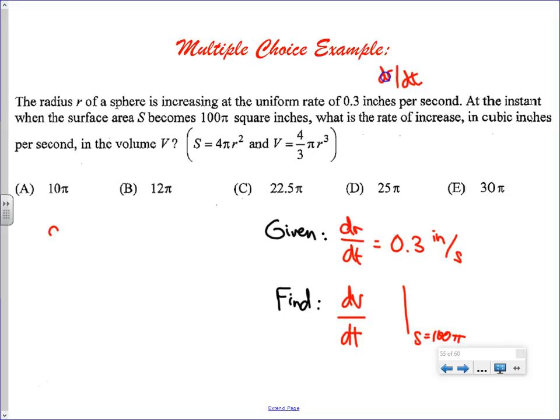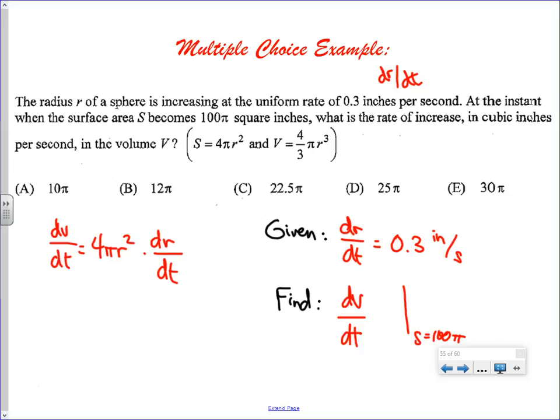Can't we still say that dV/dt is equal to, bring down the 3, cancels out, 4 pi r squared dR/dt? That's still okay, right? Well, how did you get there that fast? Oh, you just derive volume. Yeah.